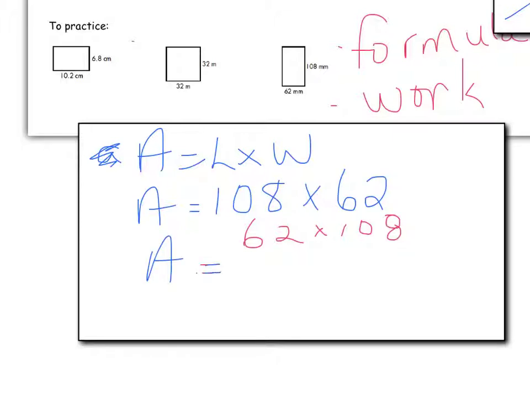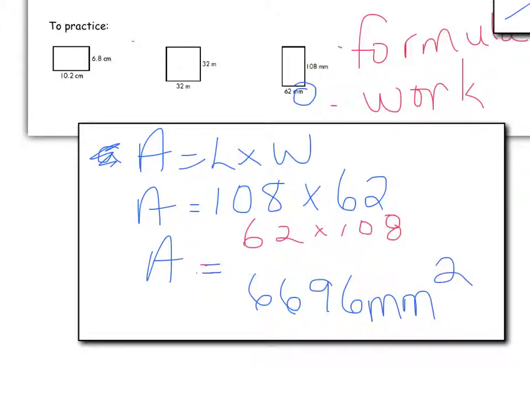So area equals then 108 times 62. Which would be 6,696, and it's millimeters now, being aware of my units, and it's squared because it's squared millimeters.